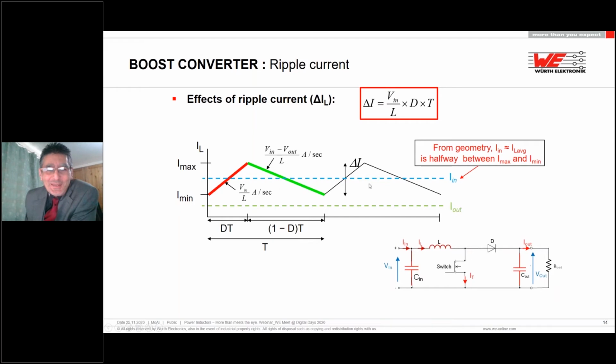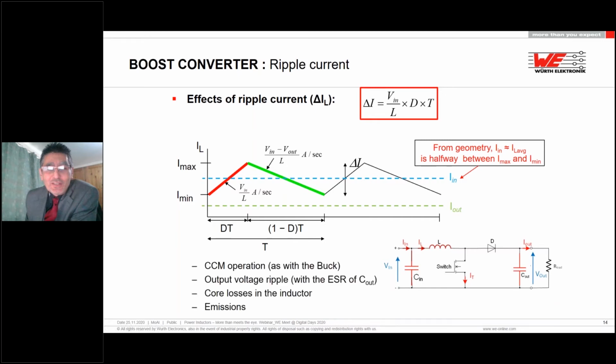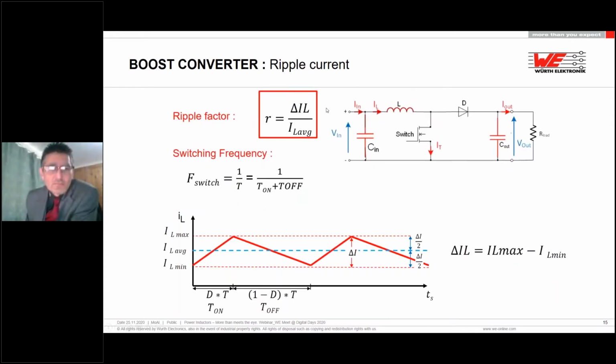So that's the ripple current here, and the ripple voltage. And the same impacts as what we've mentioned for the buck also apply for the boost. There's no difference there. Guess what? We have also got our ripple factor for the boost as well. The difference here is that the IL average is not I out as it was for the buck.